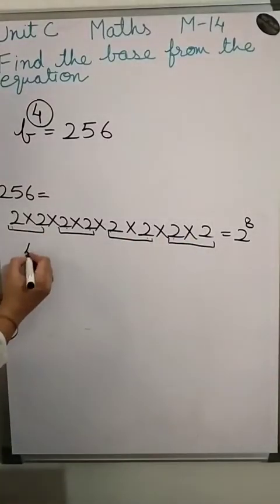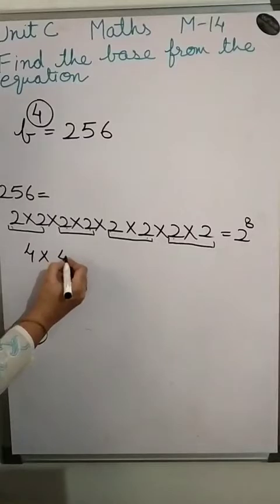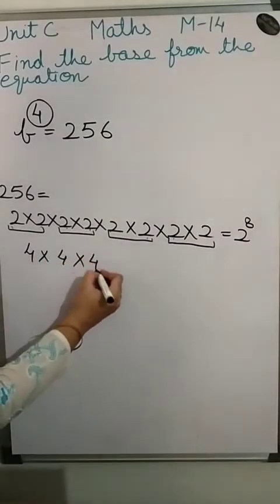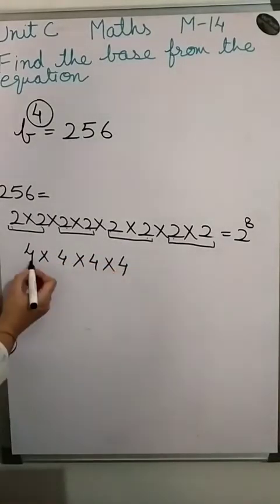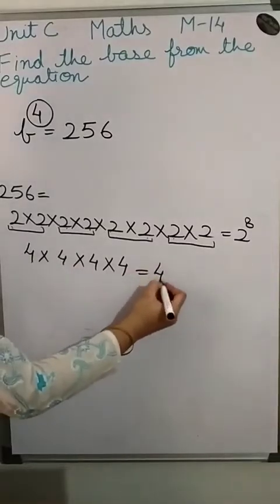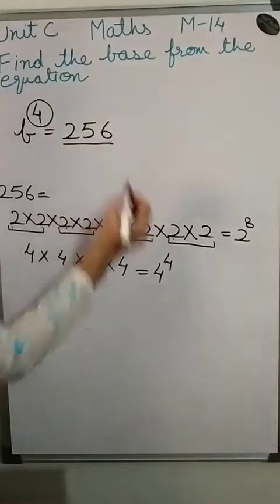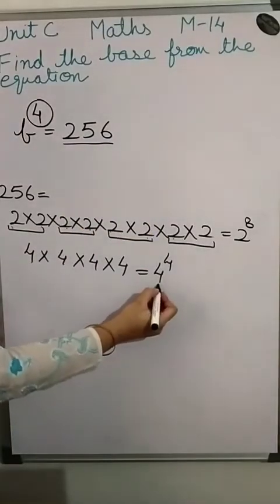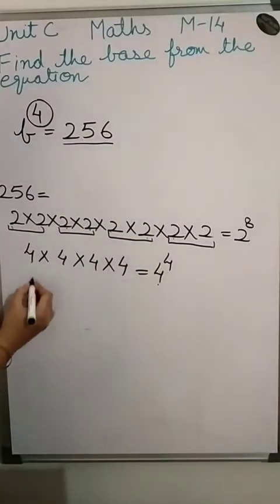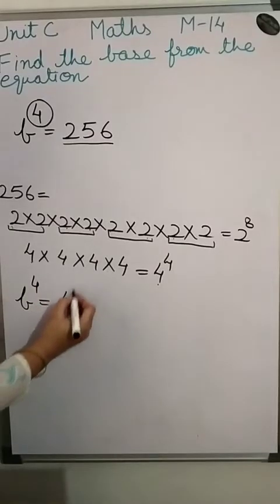This one we can write 4 multiplied by 4 and from here 4 and it is also 4. So we can write 4 to the power 4. So in place of 256, I am writing here 4 to the power 4.